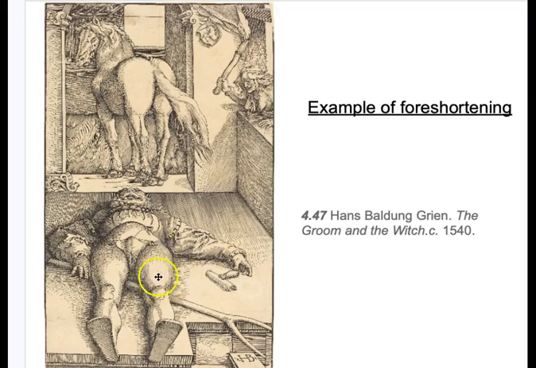Even like his leg right here, it looks fine to us, but if you really were to look at the actual length of that, compared to him if he was standing up, this length is not very long in regard to a whole entire figure.